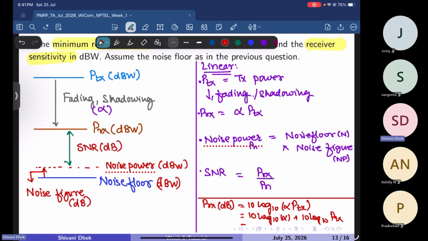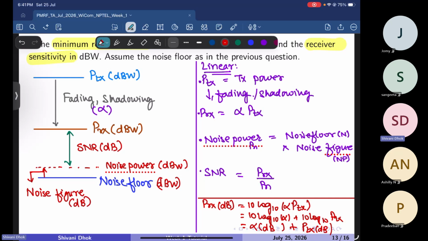So this is your fading shadowing alpha thing in dB, and plus you have your 10 log to the base 10 of transmit power in dB.